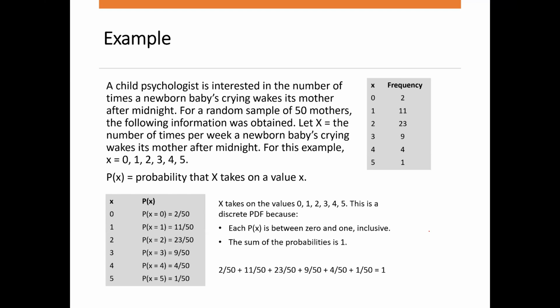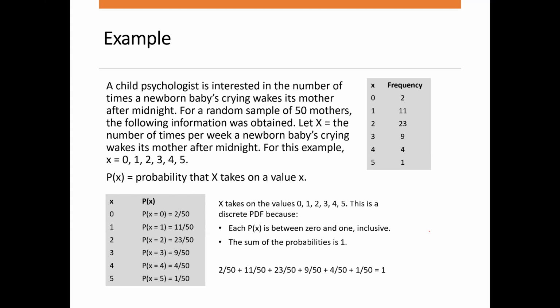They all are. And the probabilities must add up to 1. And those probabilities do add up to 50 over 50, or 1. So this is a discrete probability distribution.